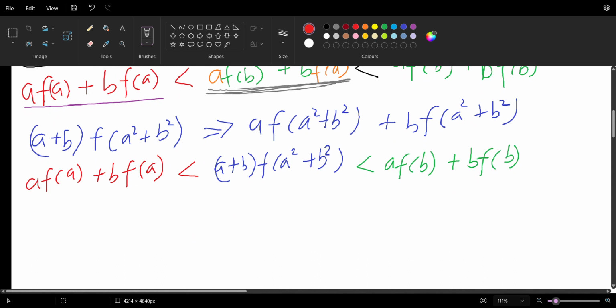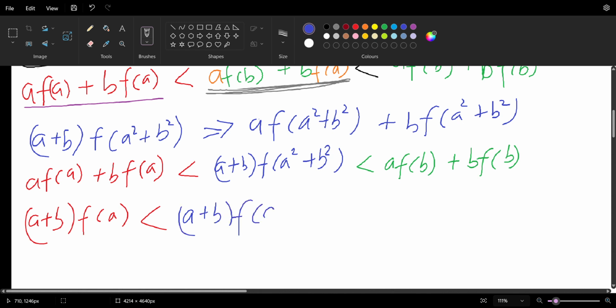We can factorize the red part and the green part. So if we factorize the red part and the green part, we get a plus b f of a is less than, a lot of writing.